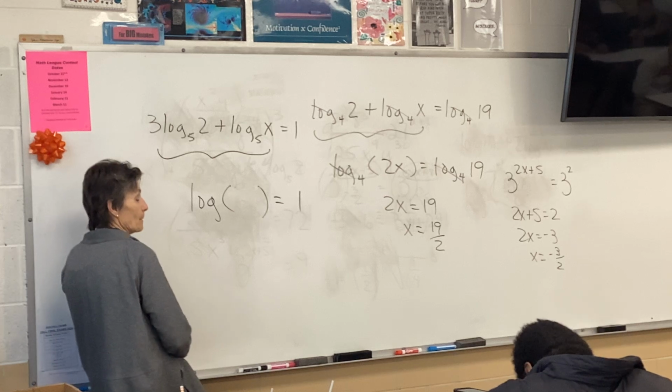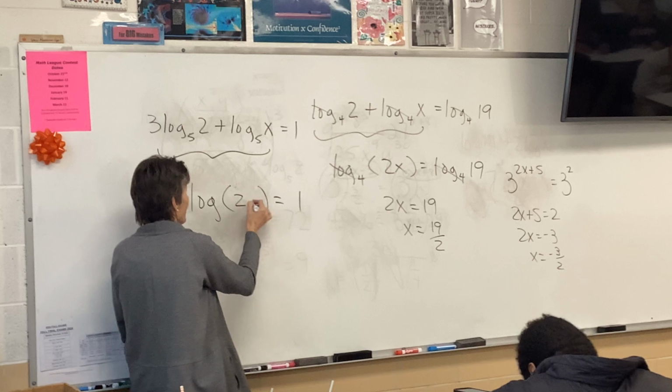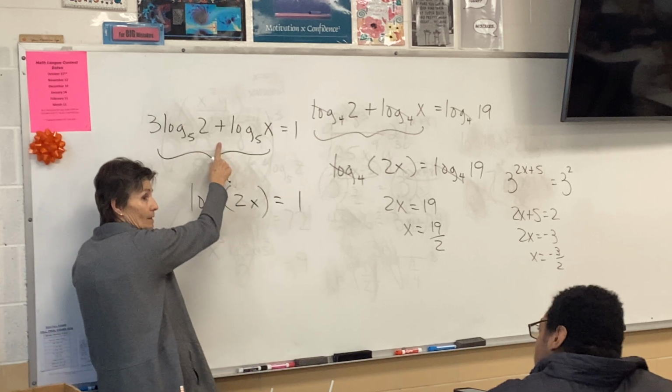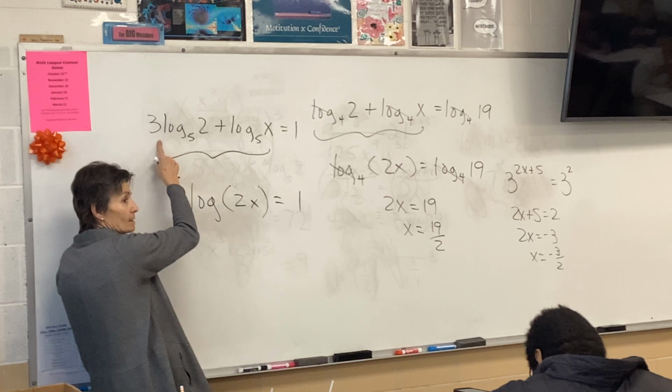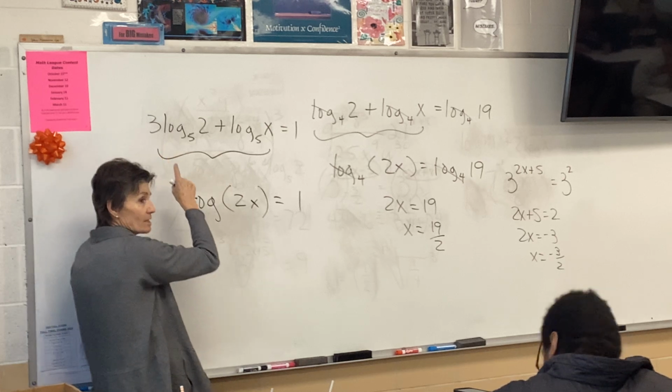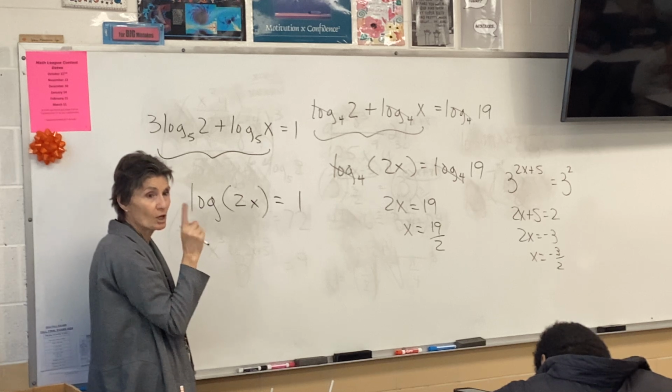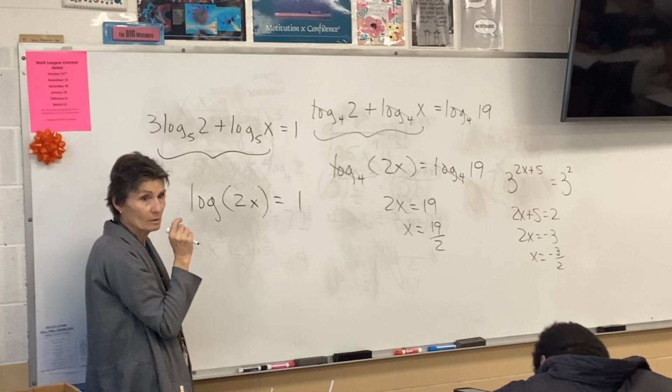Be careful. I'm gonna have a 2 and an x. Would you agree with that? And they're gonna be multiplied together? Well, what do I do with that 3? That 3 is an exponent, but what's it an exponent on? Just the 2.